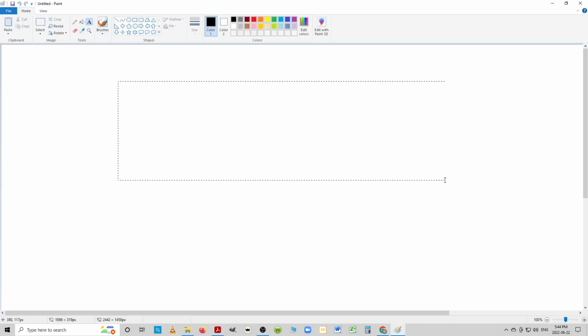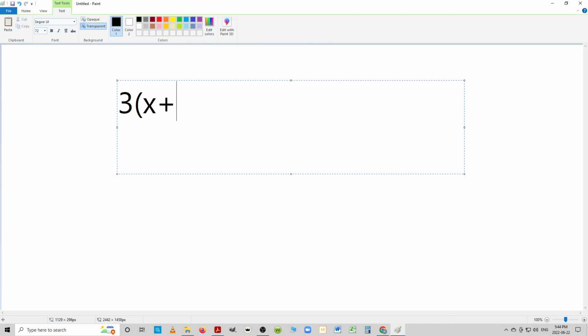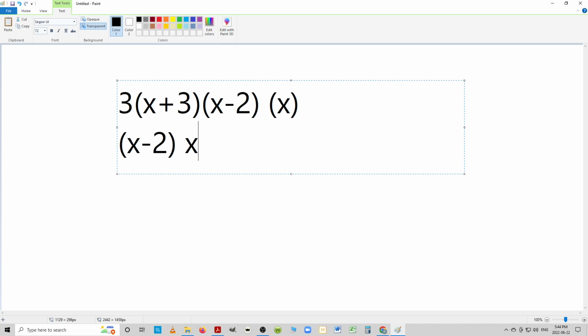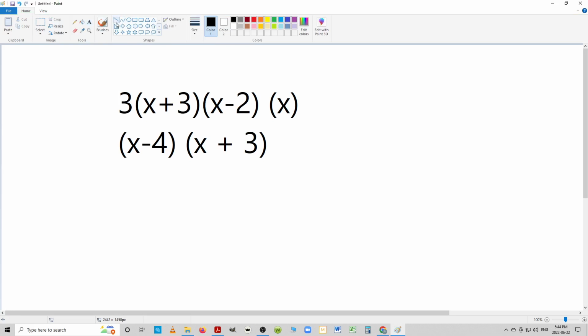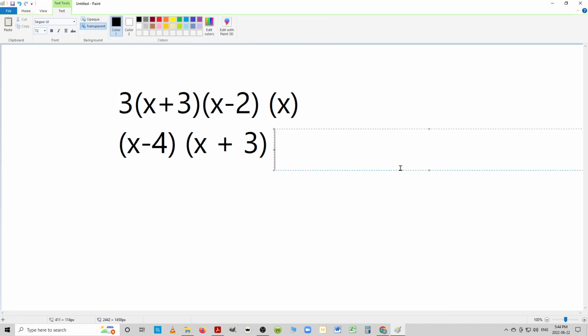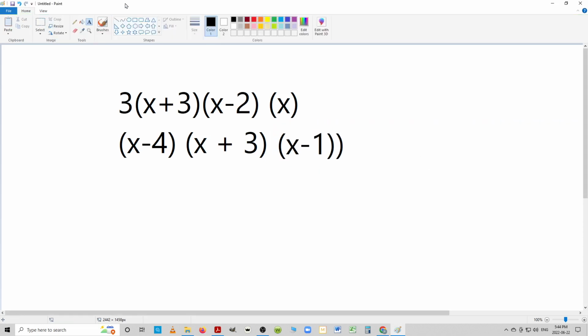If I have 3 up here, and I have x plus 3 and x minus 2 and x, and down here I have x minus 4 and x plus 2. Notice none of them cancel out. Let's do one more, x minus 1 at the bottom. So you're going to have a denominator like that and a numerator like that.